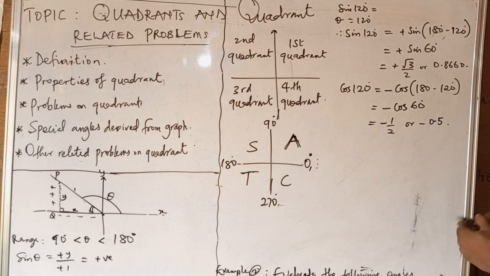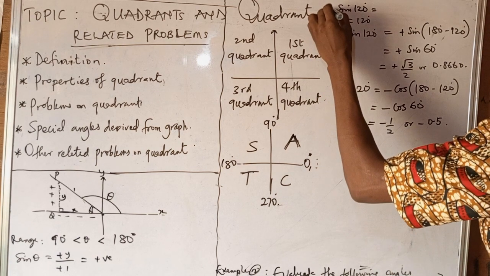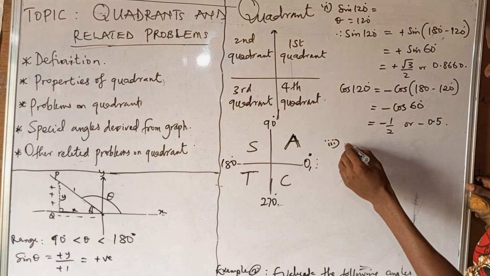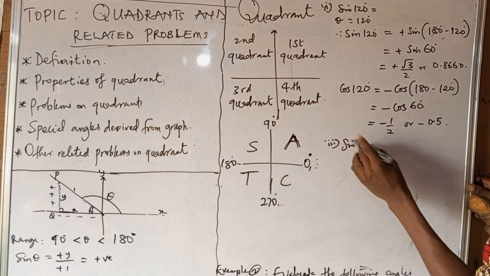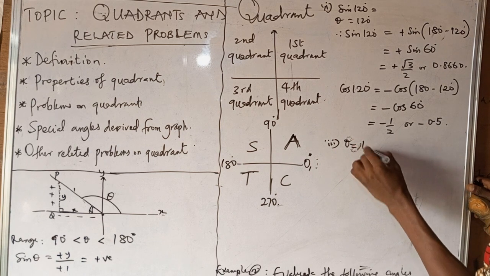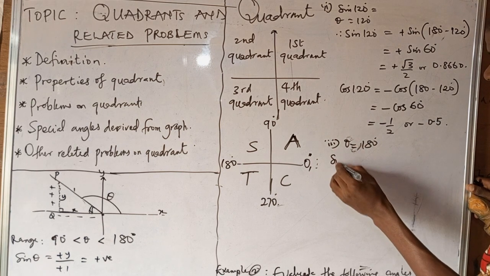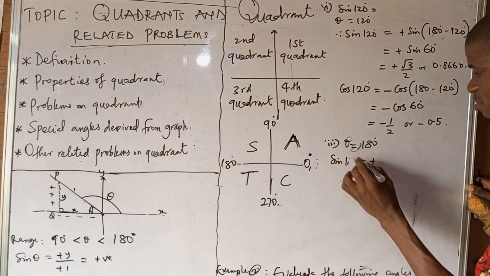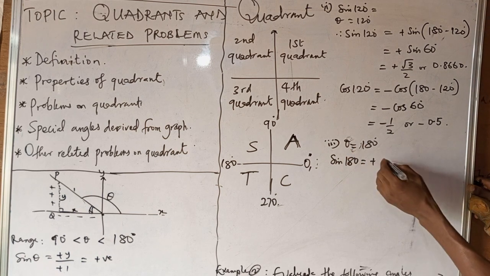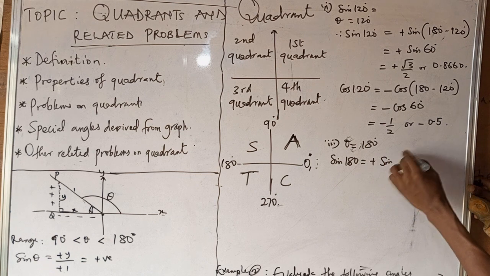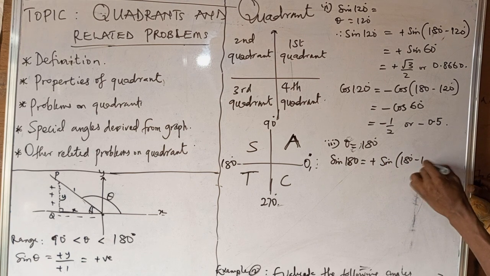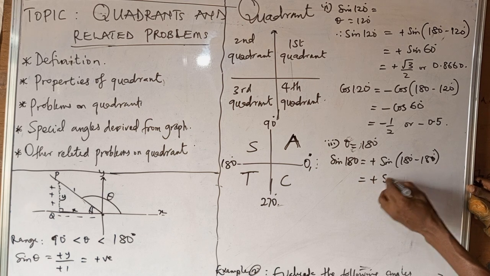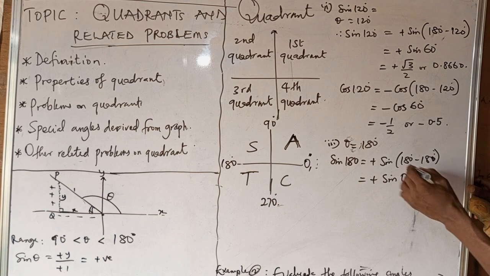Then for 180 degrees, this is the third one, my theta is 180 degrees. So I have sine 180 degrees is equal to plus sine into 180 degrees minus 180 degrees. And that gives me plus sine 0 degrees.